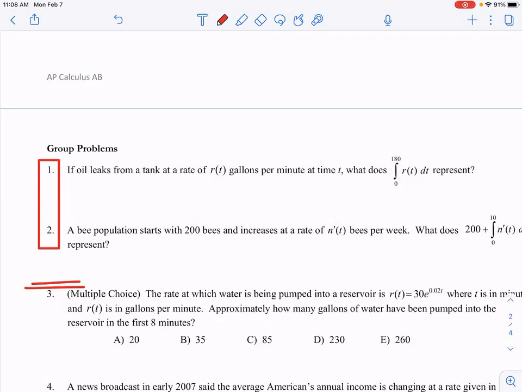So it's the initial amount plus the change to the final. The amount of bees added over the 10, or from 0 to 10.